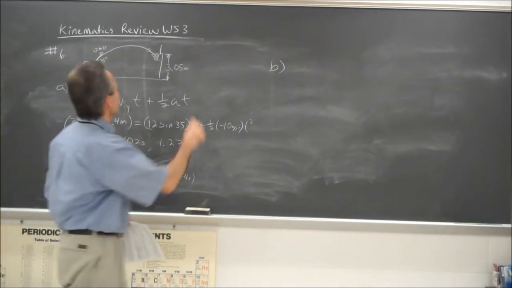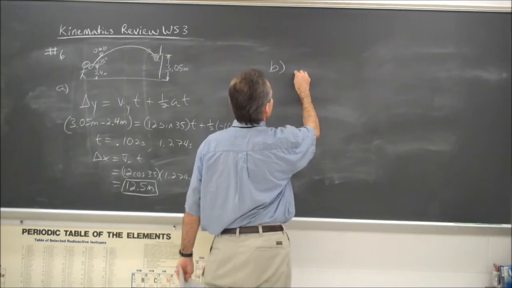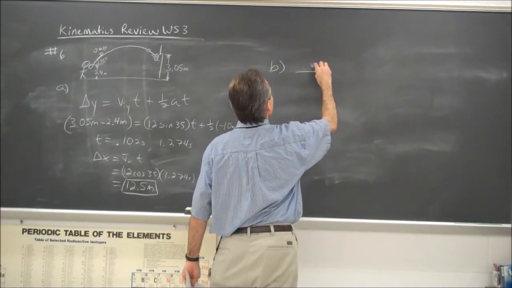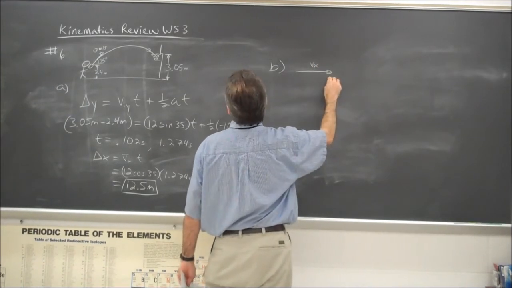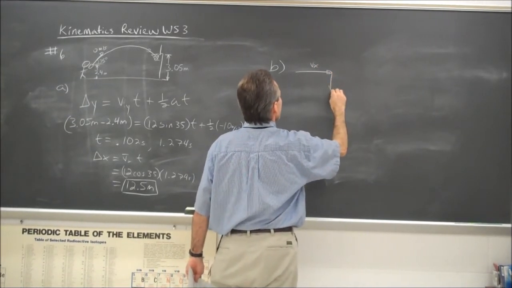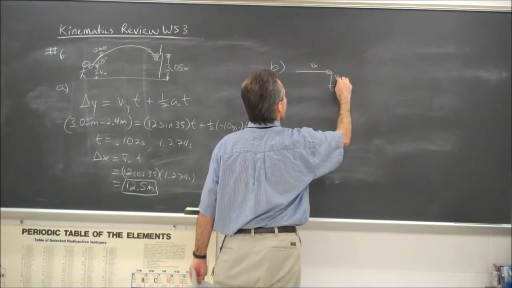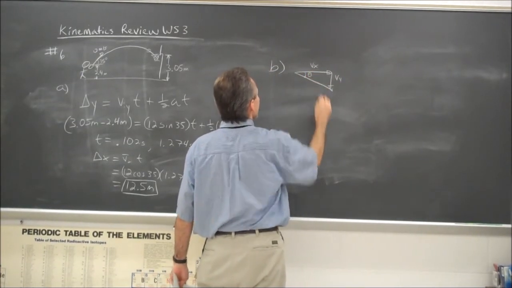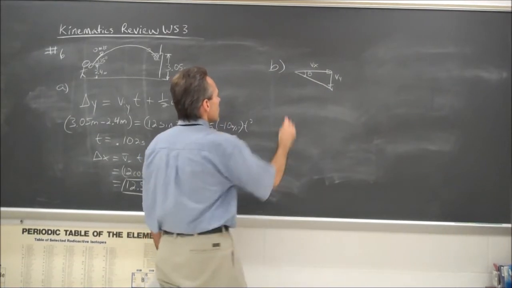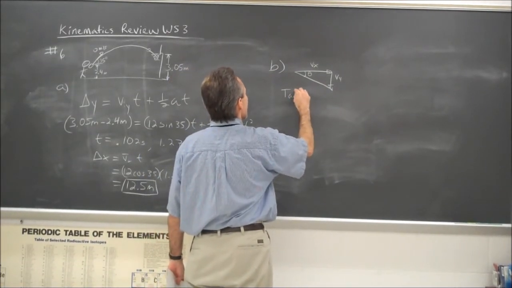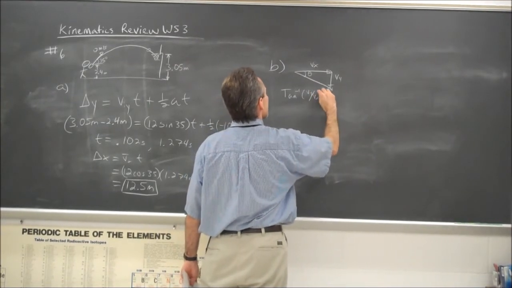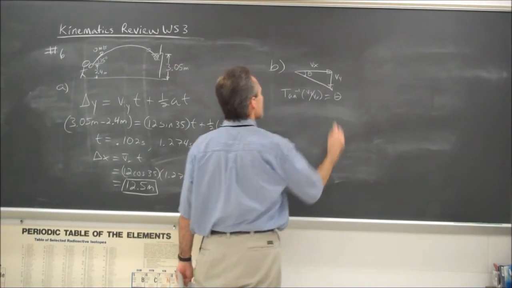I'm going to expand the triangle here. I have a horizontal component, Vx, and the vertical component of the velocity, Vy, and I want to know this angle. I can use inverse tangent of Vy over Vx to figure that angle theta out.